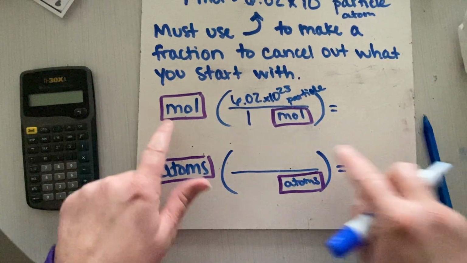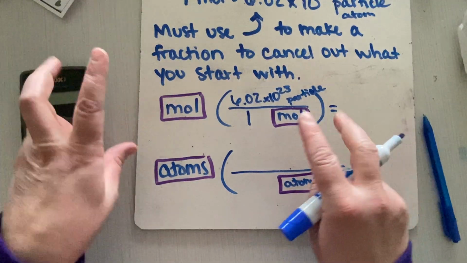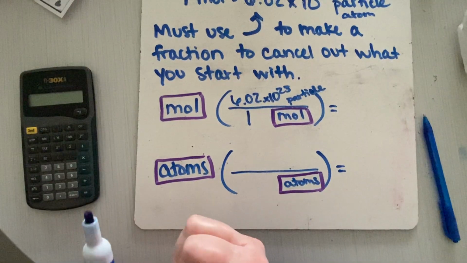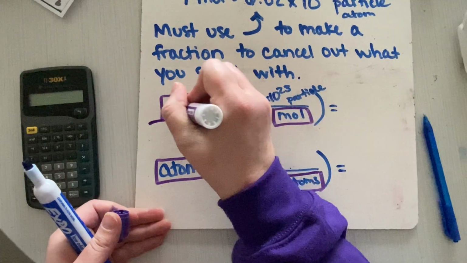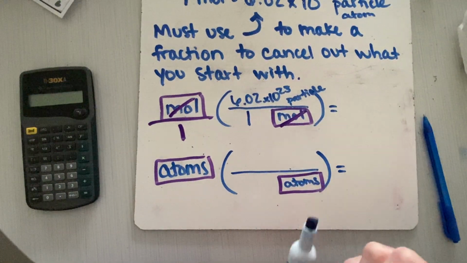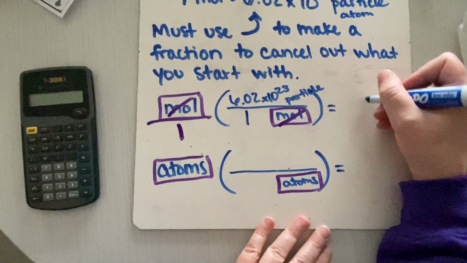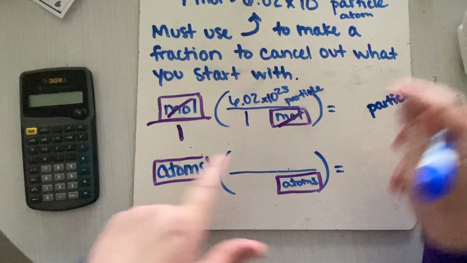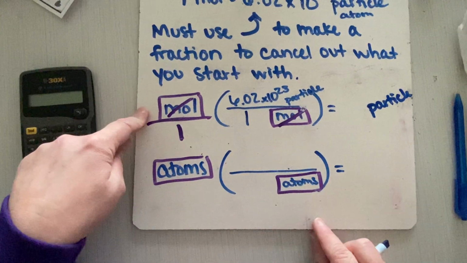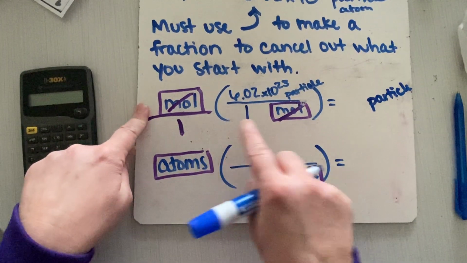And then since this would essentially be in the numerator, right? Because we can say this is over 1. Well, that's going to cause these to cancel. And then your ending label is going to be, in this case, particle. And then we just have to have our starting number of moles to calculate this out.